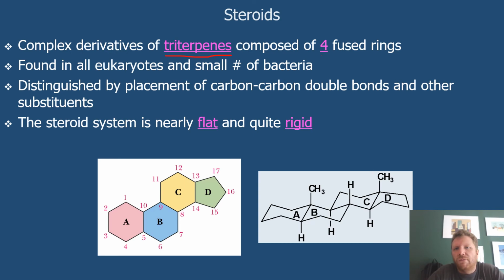They're composed of 4 fused rings, 3 rings that are 6 carbons, and then a 4th ring, which is only 5 carbons. These are found in all eukaryotes and a small number of bacteria. Now, what makes them different from one another is the placement of carbon-carbon double bonds and other substituents. The steroid system is nearly flat and very rigid.